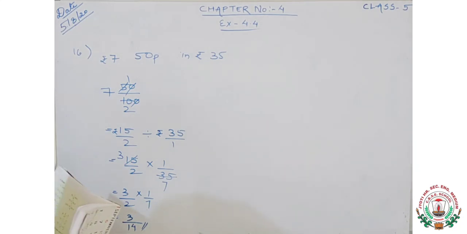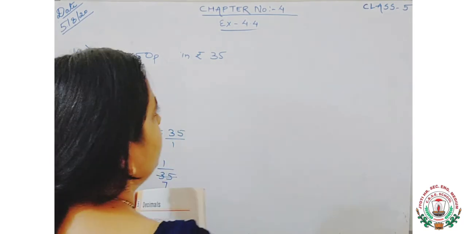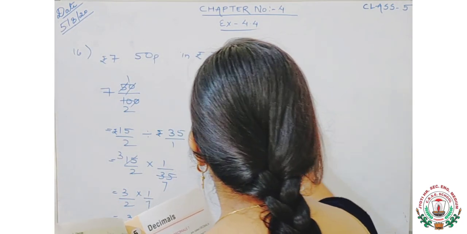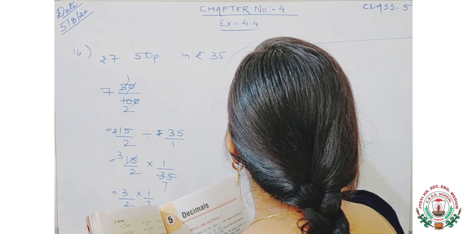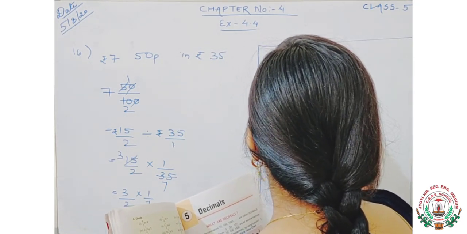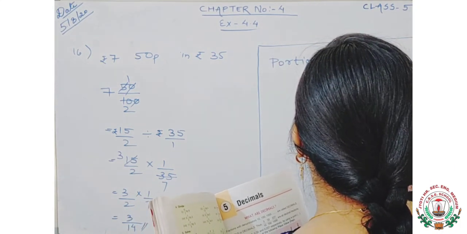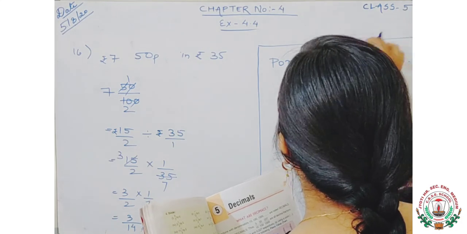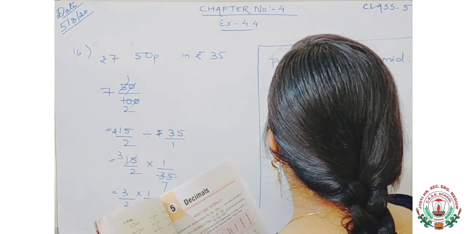So children, with this we completed our chapter number 4, and I want to tell you something important: your pre-mid exam is coming. The portion for pre-mid of class 5 is lesson number 1 to 4.